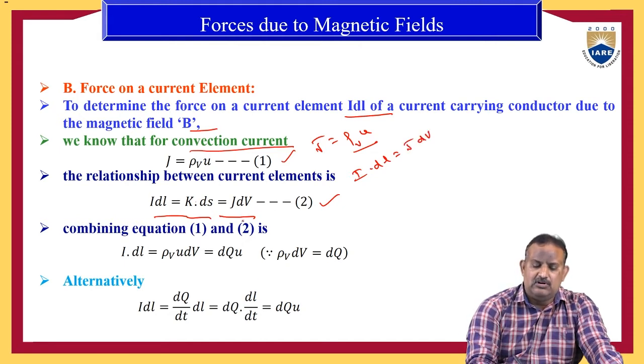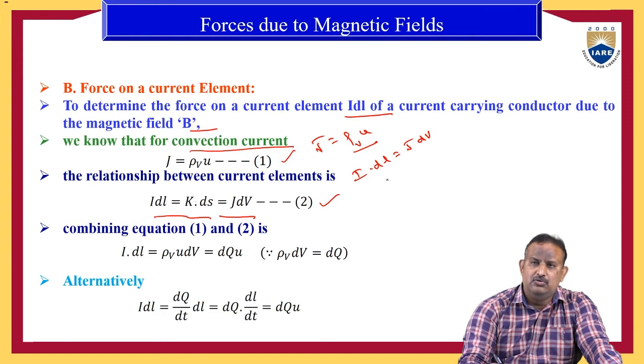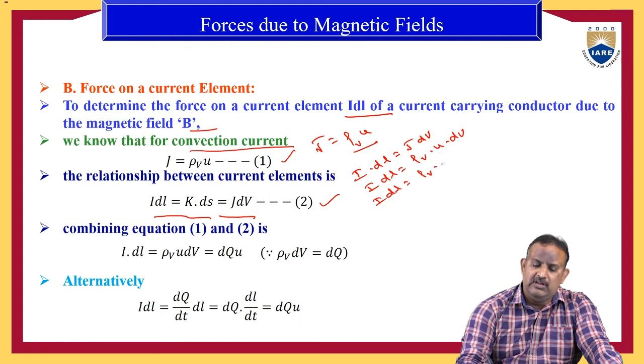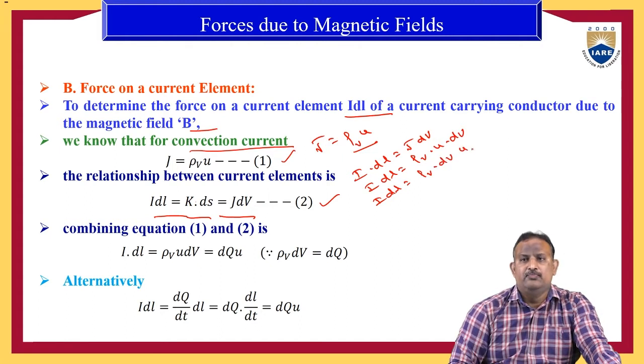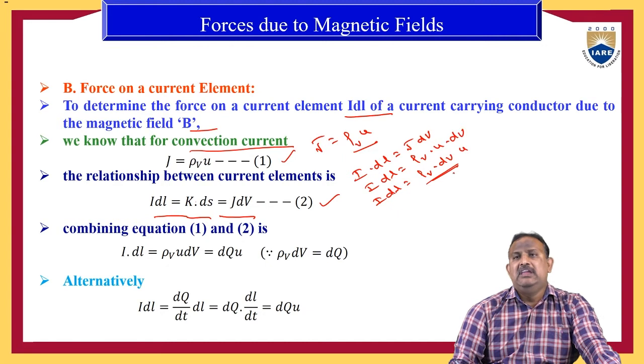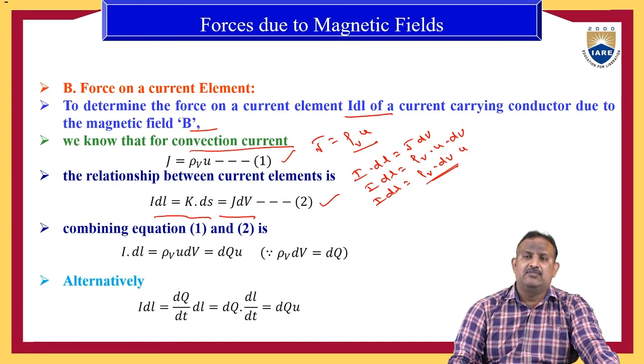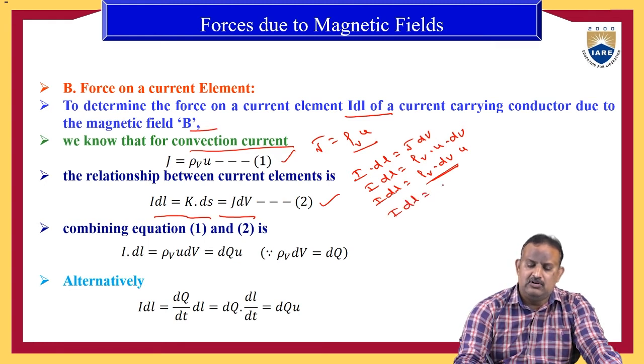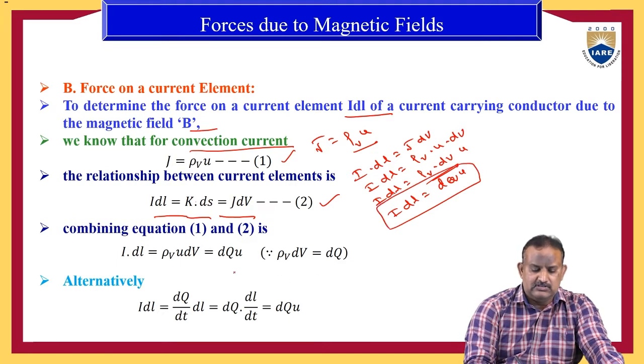But we know that the current density J is equal to rho V into U. Therefore I dl is equal to rho V U dV, which you can write as rho V dV into U. Rho V into dV is nothing but dq, the elemental charge. Therefore I dl is equal to dq into U.